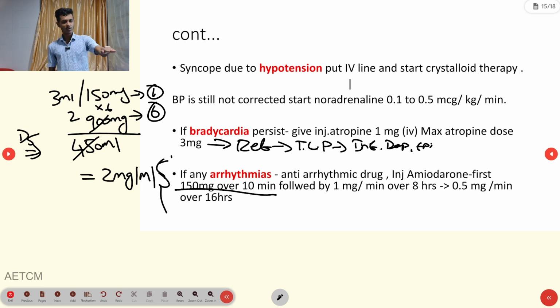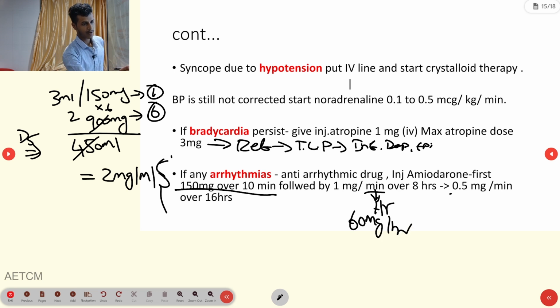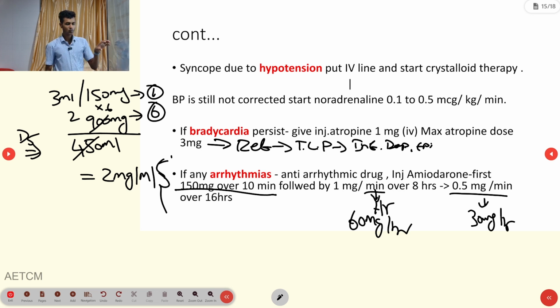Our goal is 1 mg per minute, so you have to calculate per hour. Per hour means 60 mg per hour. Here 0.5 mg per minute means 30 mg per hour. But we have 2 mg per ml.